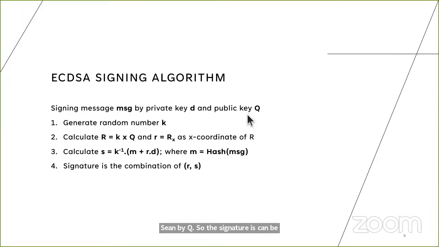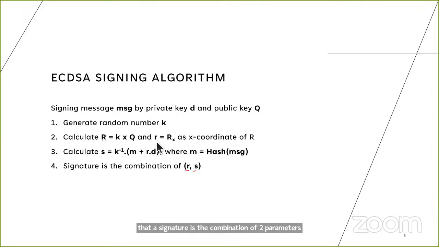The first step is to choose a random number k. So first of all, we generate a random number k, and then we multiply k by the base point, and we find R. We know that a signature is the combination of 2 parameters, r and s.